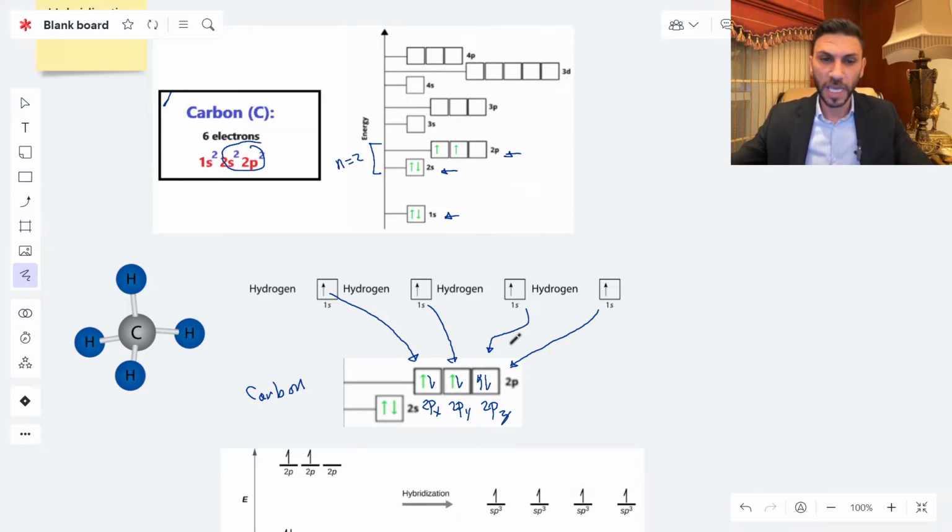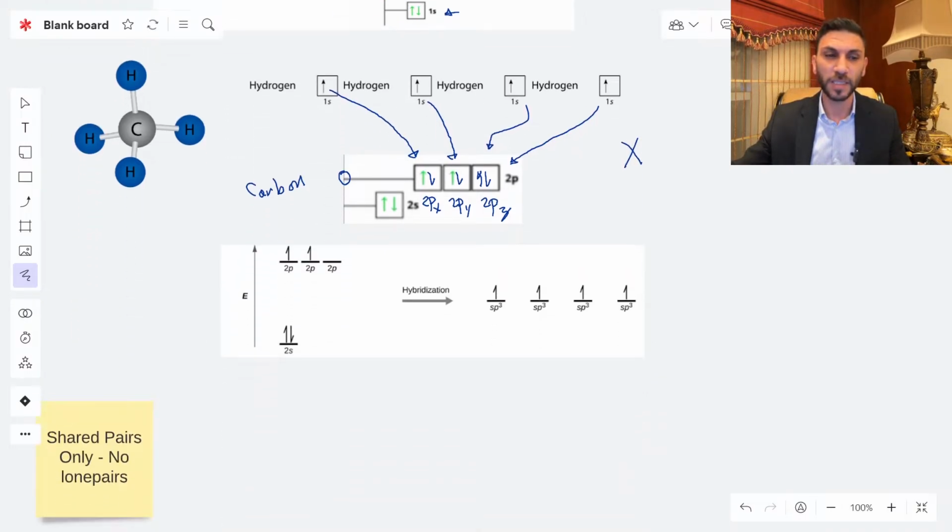But actually, if this was the bonding, it's incorrect, because now we have 2 electrons in 2s with lower energy, and we have 6 electrons in 2p with higher energy. So the bonds would not be equal, but actually they are equal. So this one is incorrect.